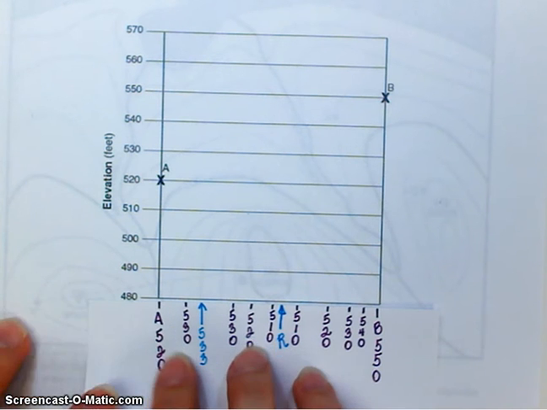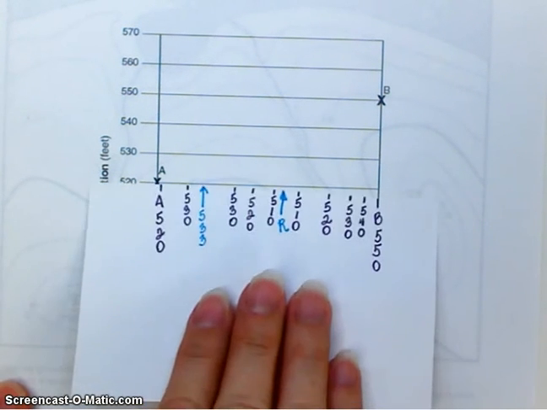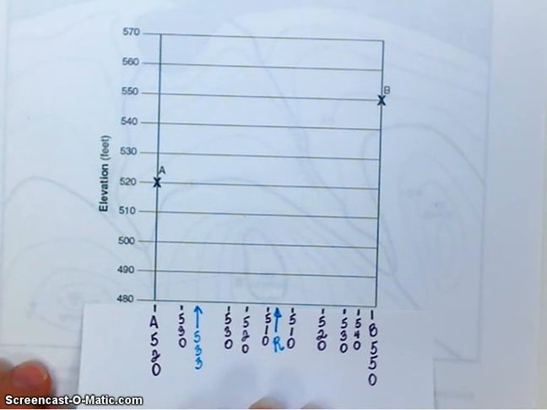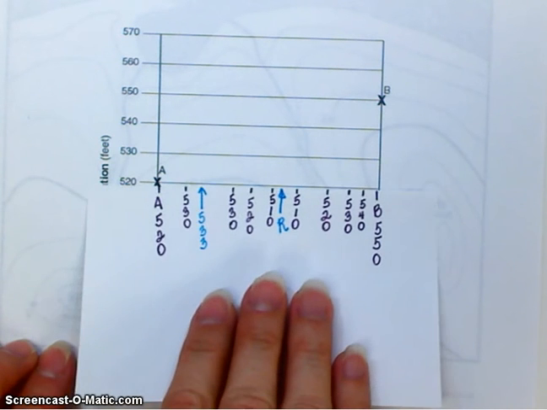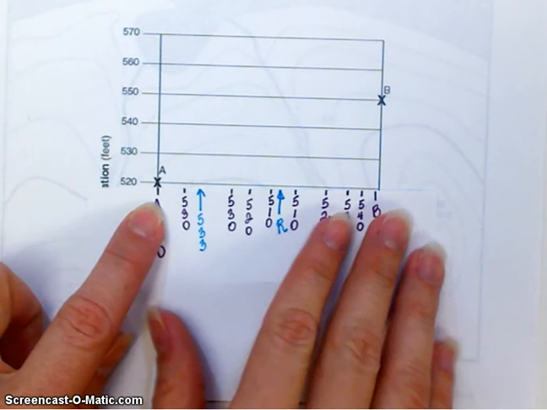And all I have to do is take my index card and slide it up or down to the right elevation to make my marks. So here we go. A is at 520, so I'm going to slide up to the 520 line, and mark A.